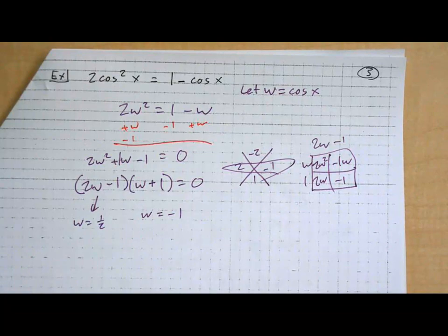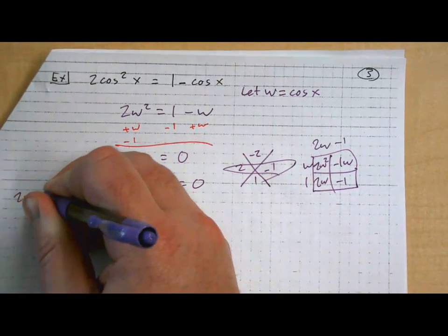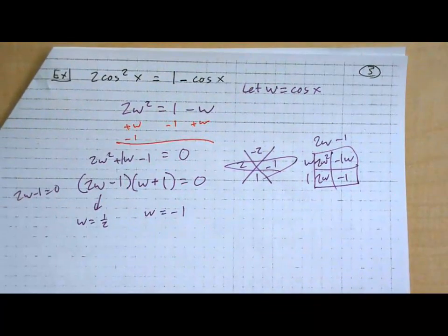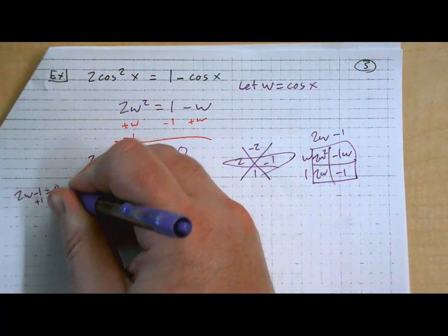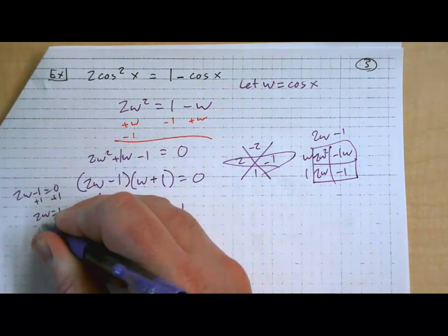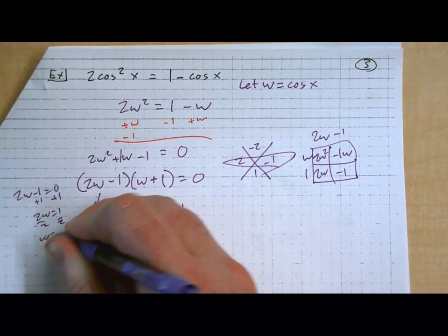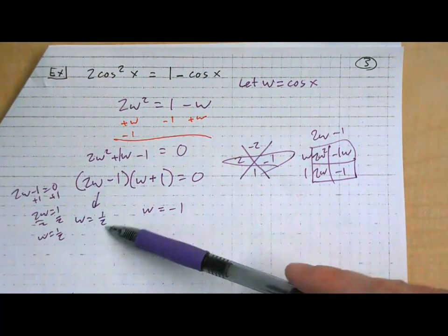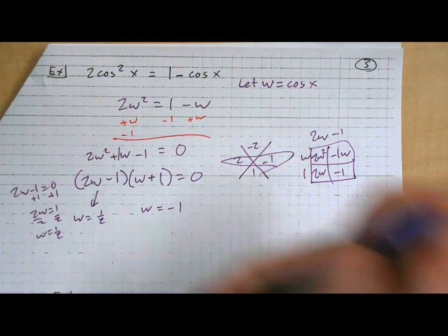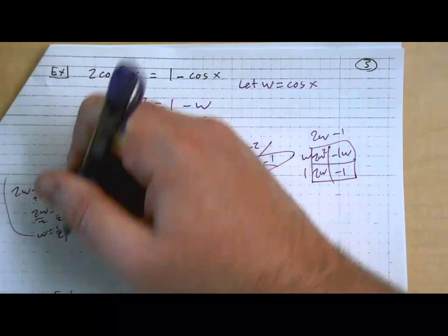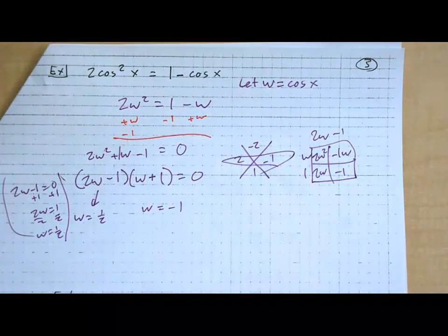I would write 2W minus 1 equals 0, add 1 on both sides to get 2W equals 1, divide by 2 on both sides to get W equals 1/2. But if you can envision those steps and jump straight to here, that's fine. You decide what's going to be best for you.